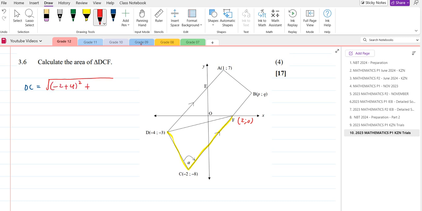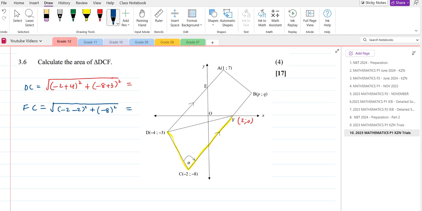Remember x2 minus x1 squared plus y2 minus y1 squared, minus 8 plus 3 squared. I'm going to leave the answer like that in surd form, because it's always good to leave it in surd form so your answers work out neatly, alright? And then to find FC, we're going to use the calculator for that just now. To find FC, that's my final point, so minus 2 all squared plus minus 8 minus 0, so just minus 8 all squared.